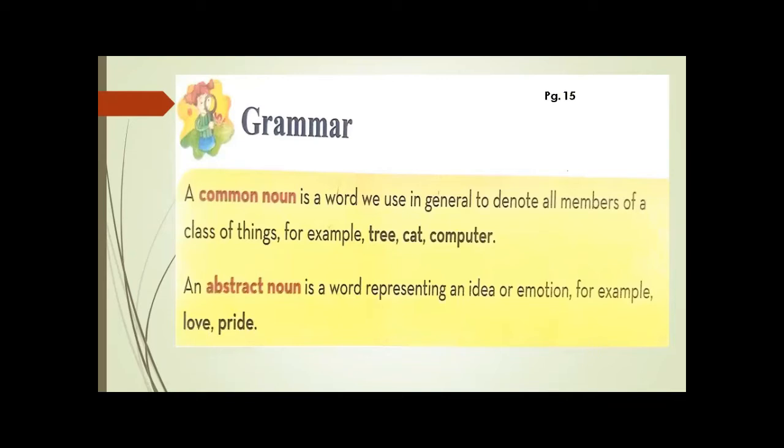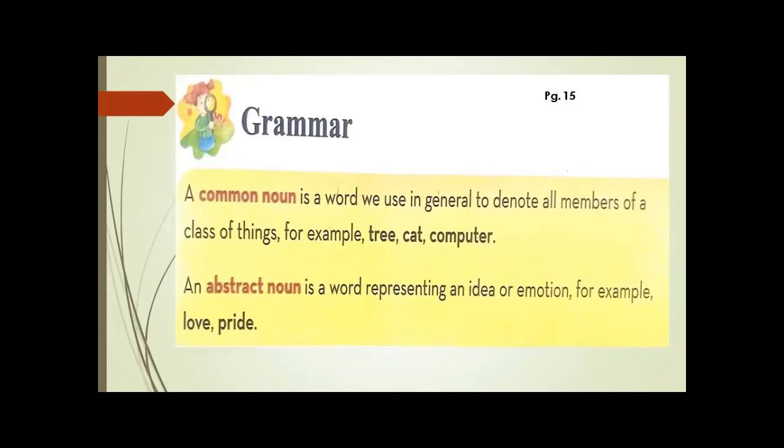For example, if you have a dog, dog is a common noun. But if you have a pet dog and you give it a name, like Bruno, then Bruno becomes a proper noun. Just like that, if I say your father reads a newspaper daily, newspaper is a common noun.